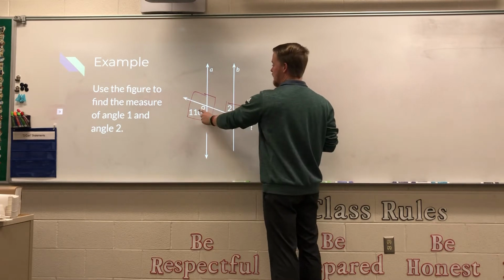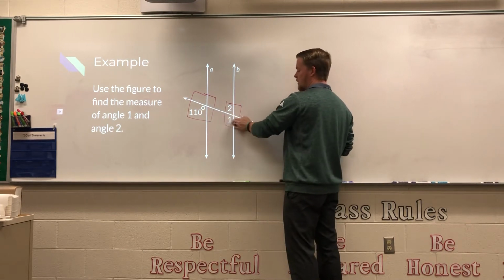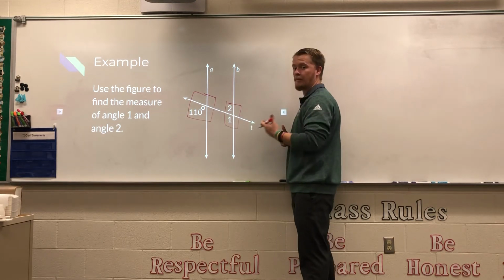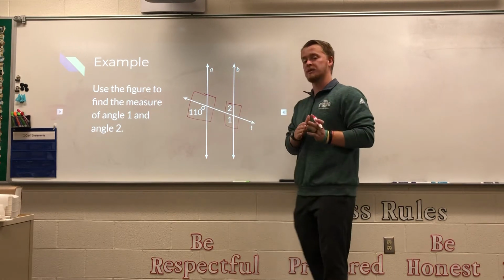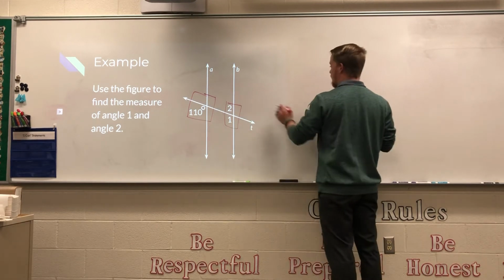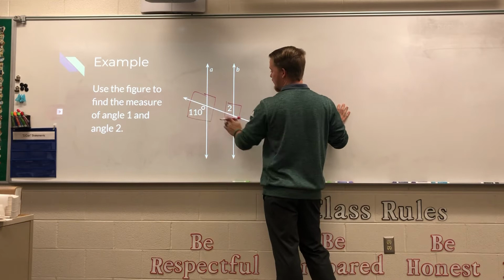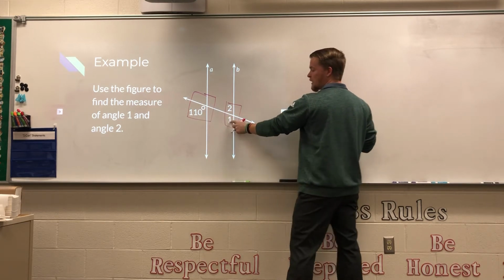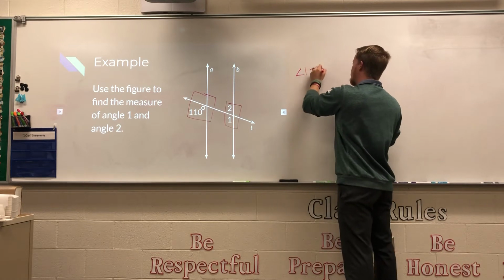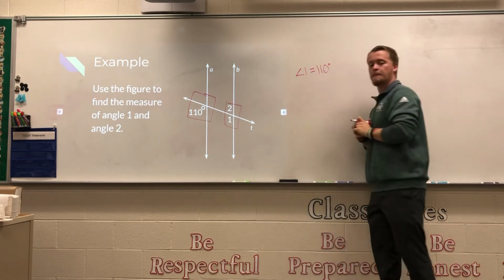Then I look over here and ask, what's in the bottom left of these four angles? If you look, 1 is in that bottom left. So remember, corresponding angles are congruent. Since the given angle is 110, and it's in the same position as angle 1, angle 1 is also 110 degrees.